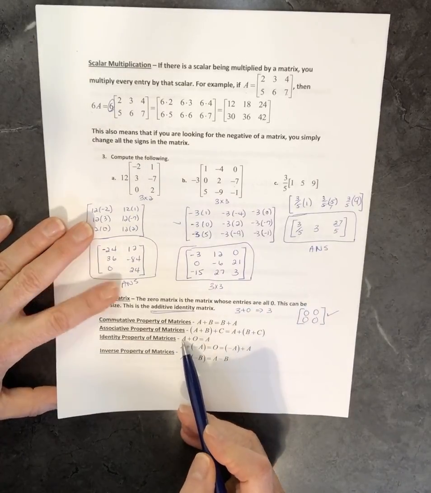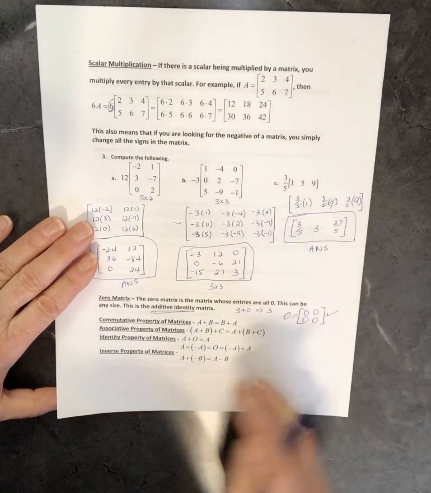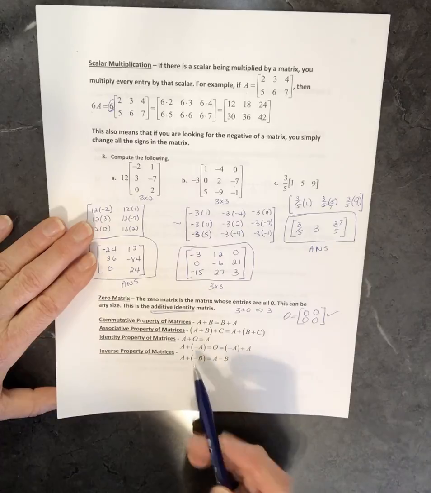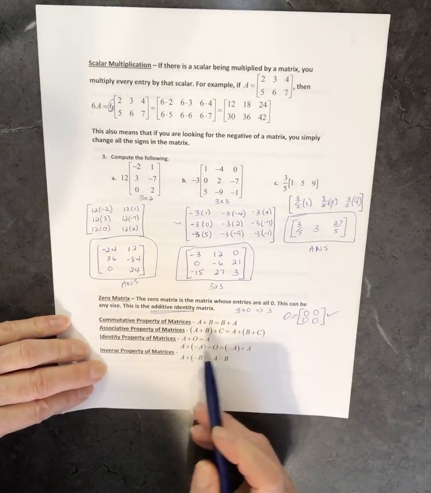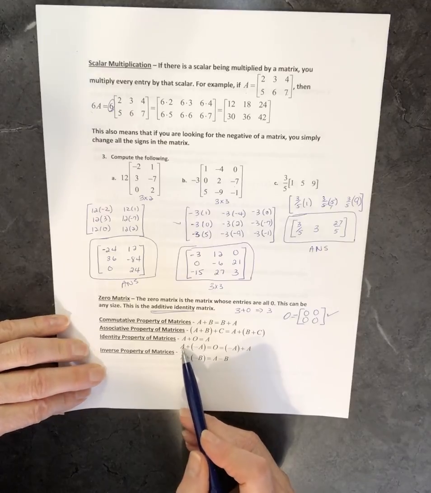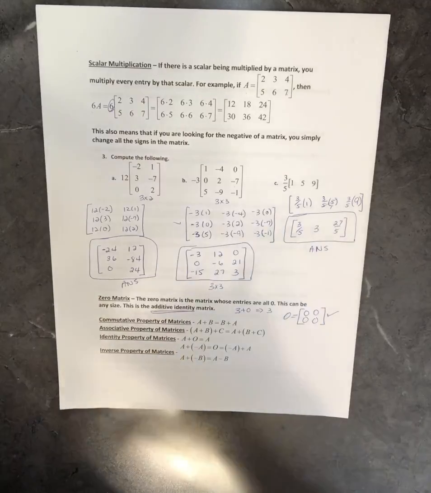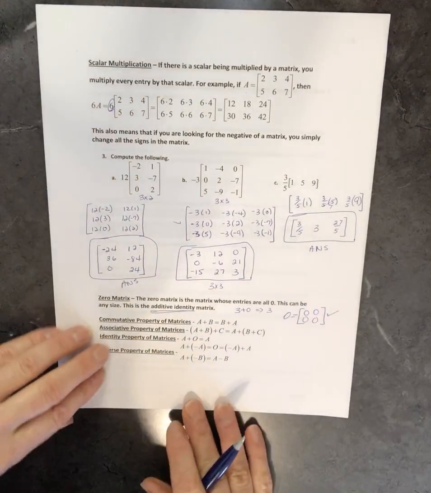If I add a matrix to the 0 matrix or the identity matrix, that's how we write that, we get the matrix back, the original. If I add the additive inverse, or take a matrix in one position and then its negative matrix in the other, I will get the identity matrix.